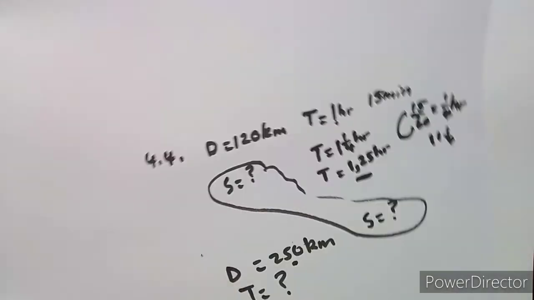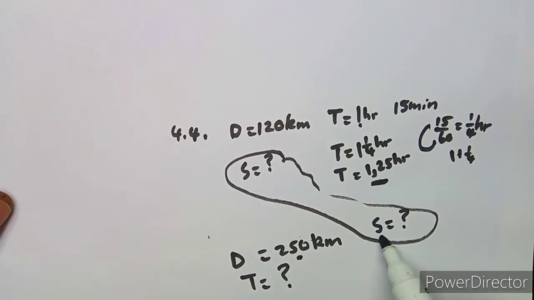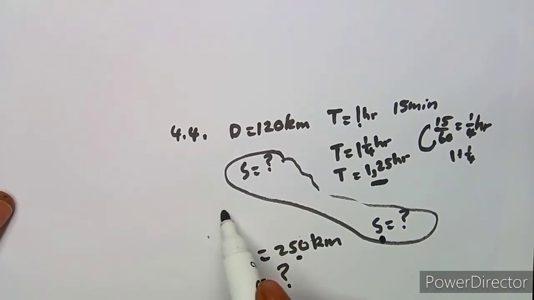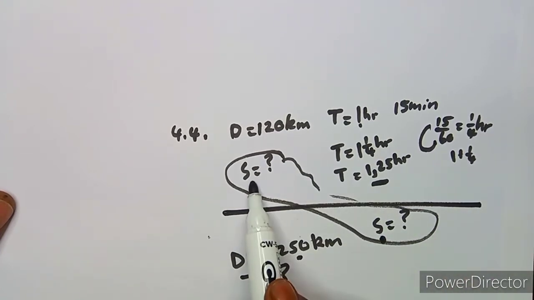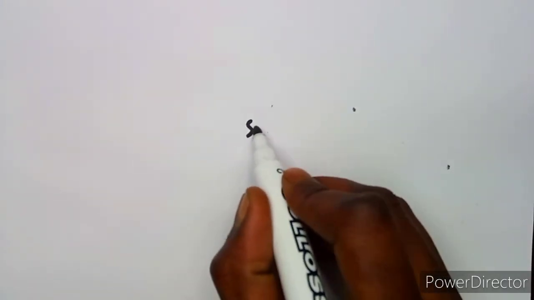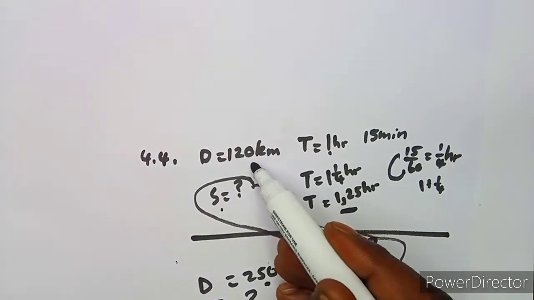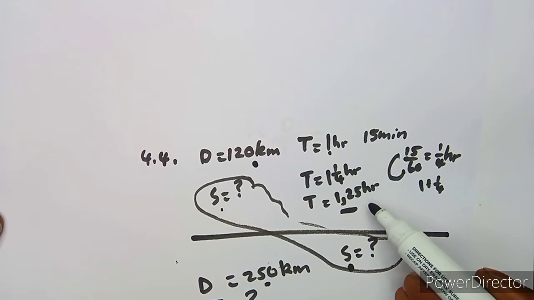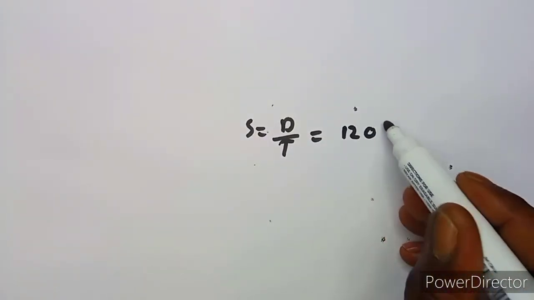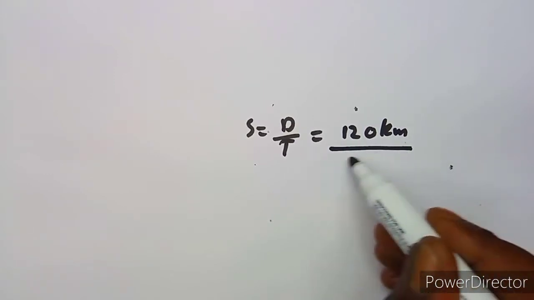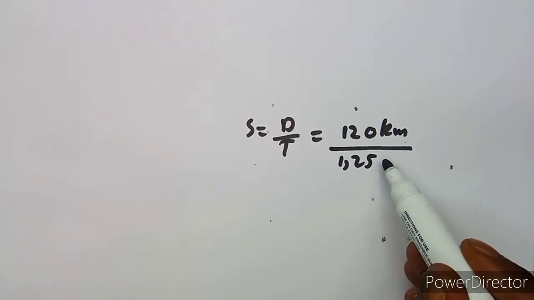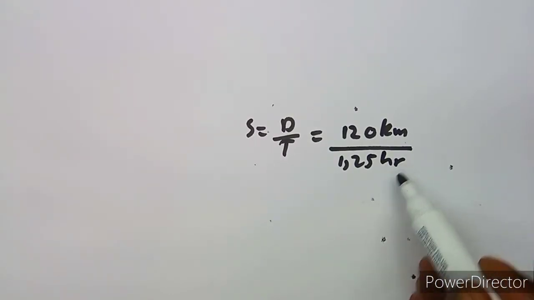the speed is the same, you are going to calculate the speed here, for this first condition. We know that speed is distance over time. So we have our distance of 120 in kilometers over time in hours, which is 1.25, provided that your time is in hours, guys.